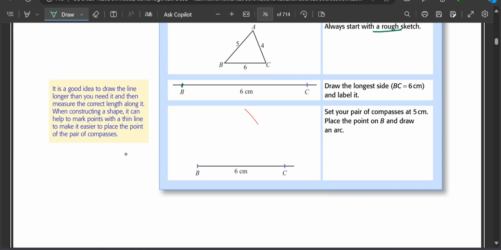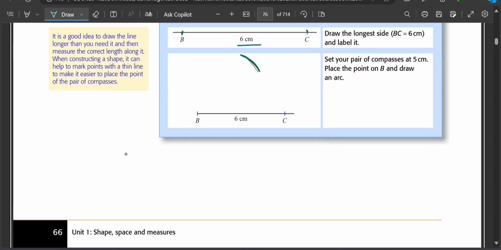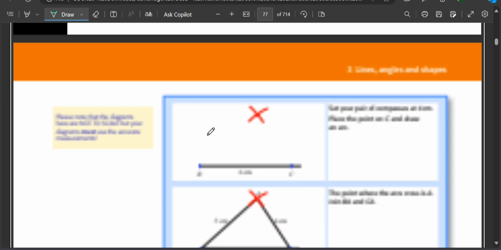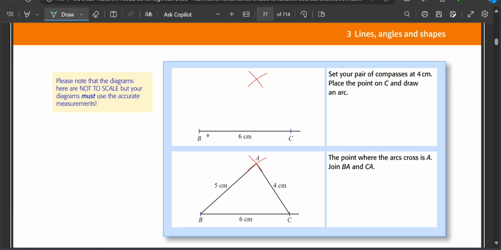We made B and we made C, and we labeled it as 6 centimeters. Now we opened our compass to 5 centimeters, and then we placed the point on B and made an arc, because A to B is 5 centimeters. Now we are going to open our compass to 4 centimeters. We put our compass over here, and then we make an arc like this.